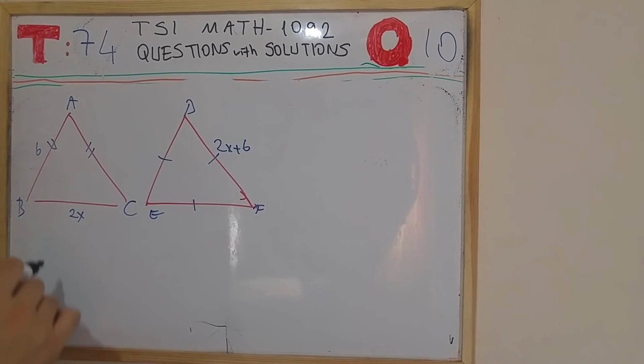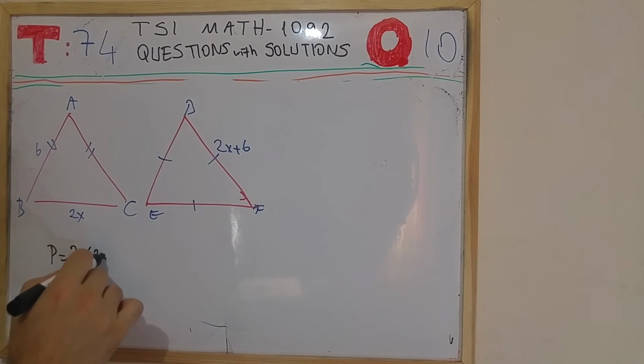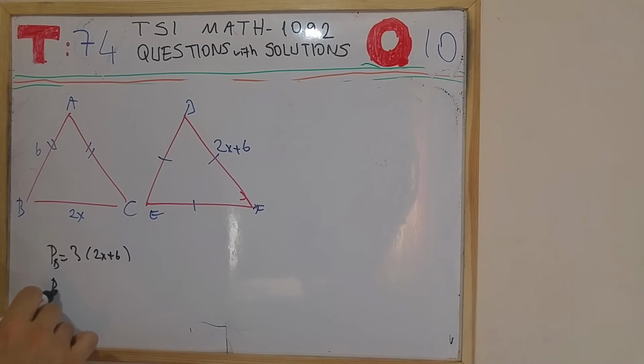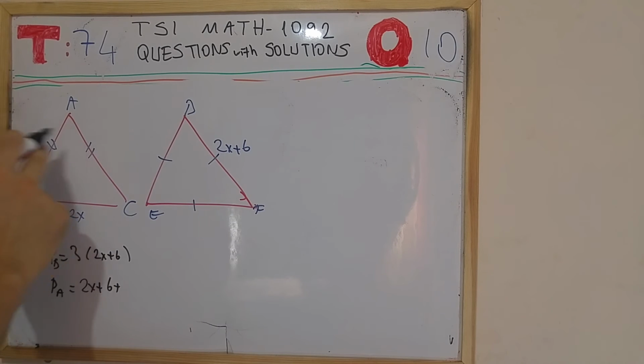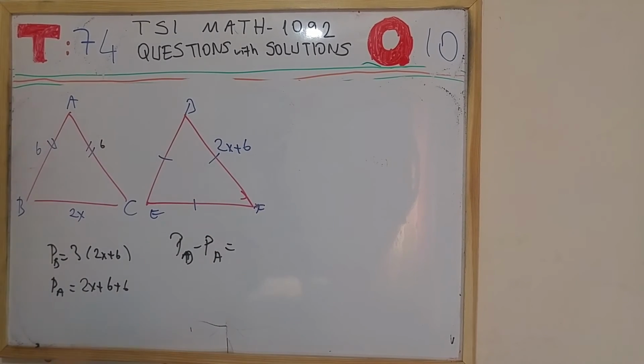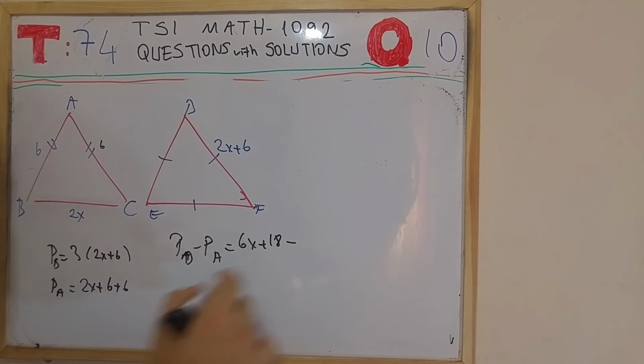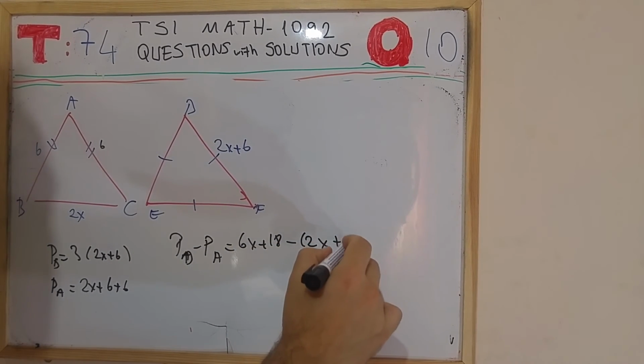Perimeter for the equilateral triangle is 3 times one side, and for the other one the perimeter is equal to the sum of all 3 sides, that is 2x plus 6 plus, since this is isosceles, this is also 6, and the difference is PD, sorry, should I have said, this is going to be 6x plus 18 minus 2x plus 12.